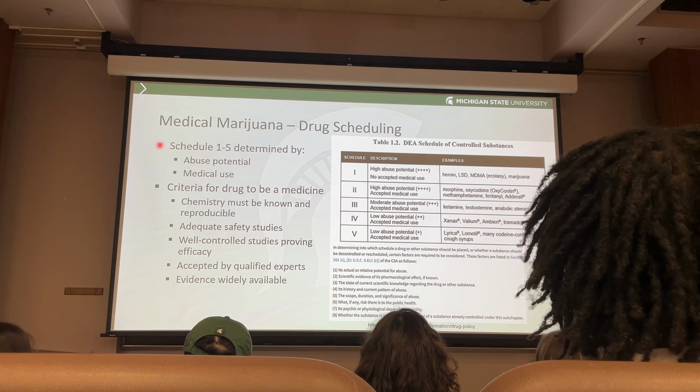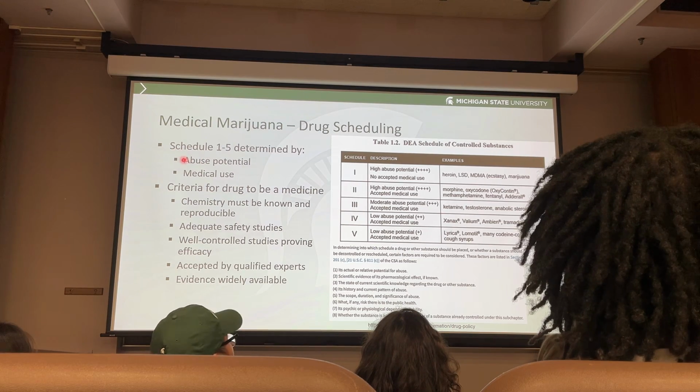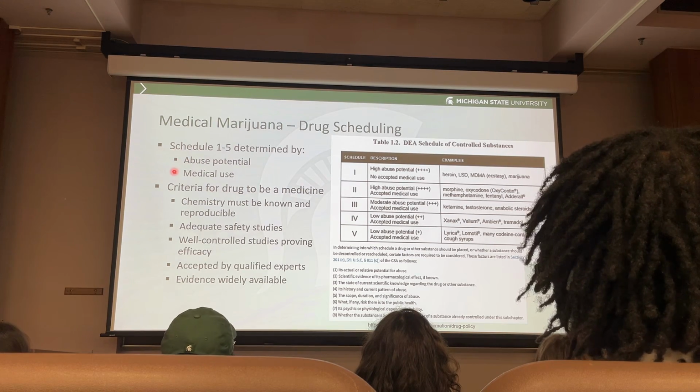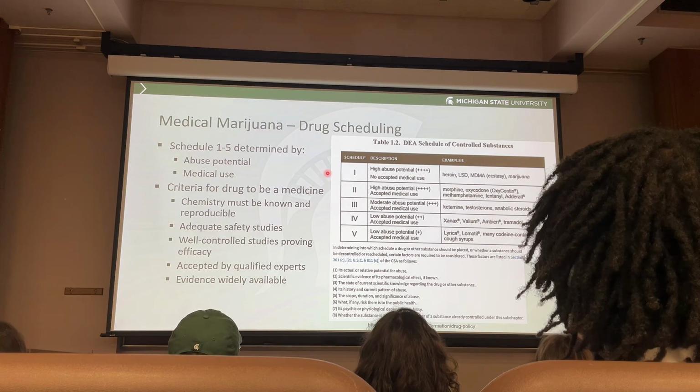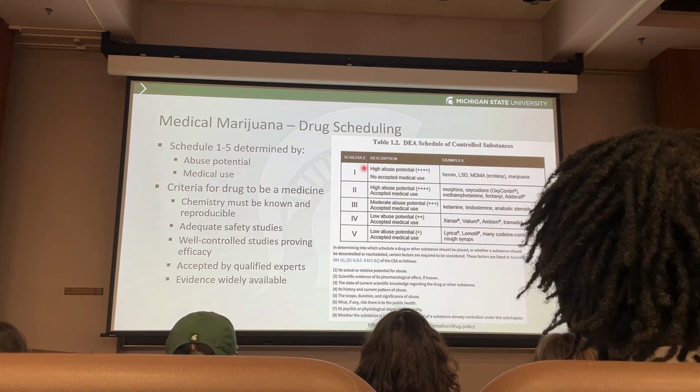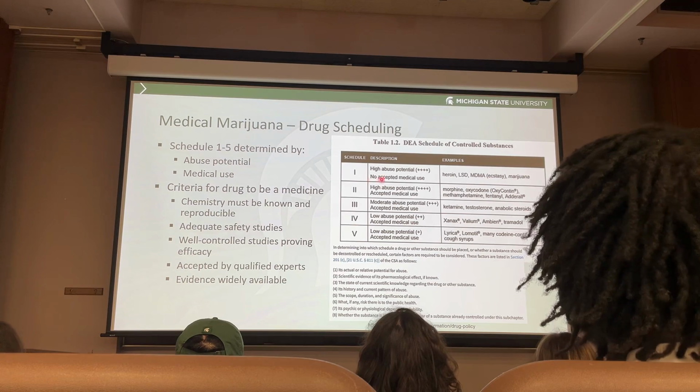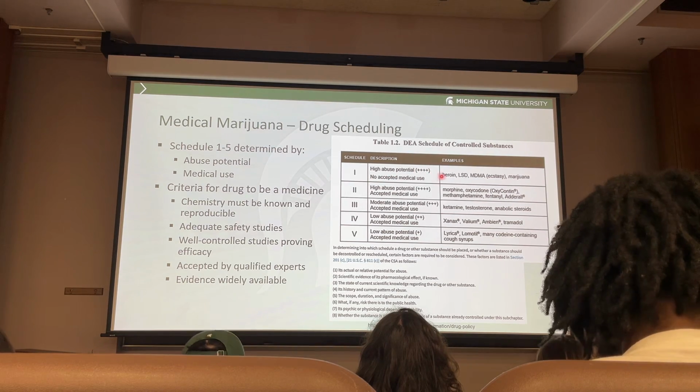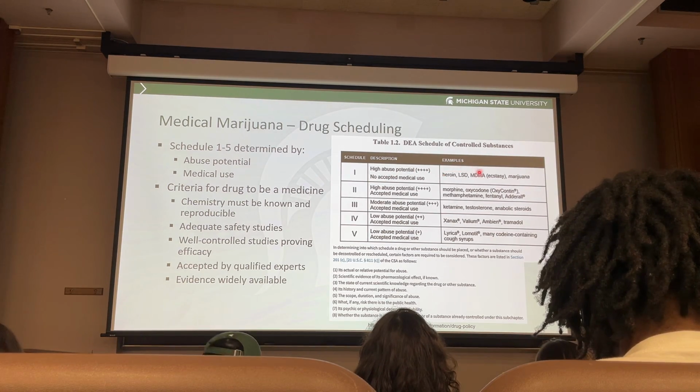Schedule 1 through 5, and it's determined by their abuse potential and their potential for medical use, okay? Schedule 1 has the highest abuse potential and no accepted medical use. Heroin's still there, LSD, we'll get into that, and our hallucinogens. And this is where marijuana is. Cannabis is currently still Schedule 1.